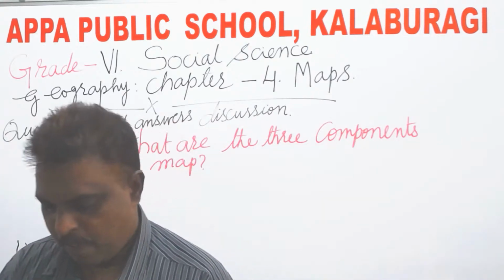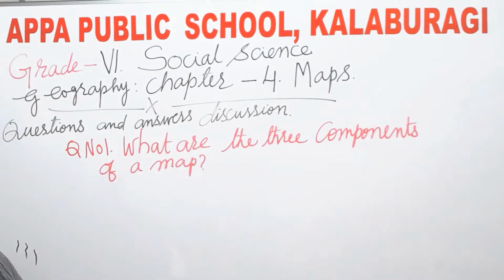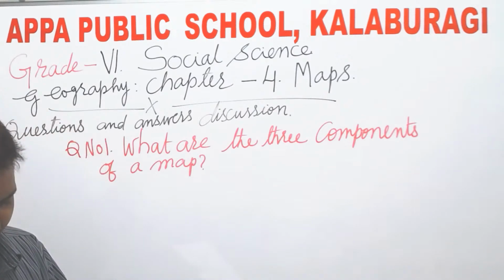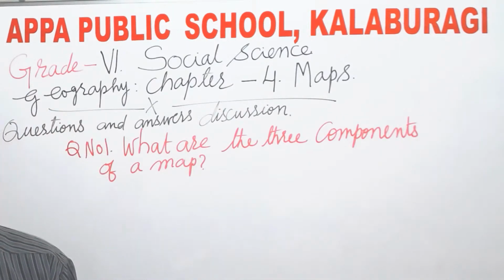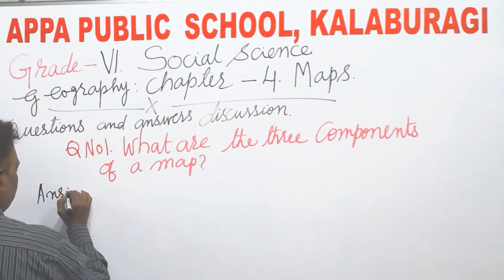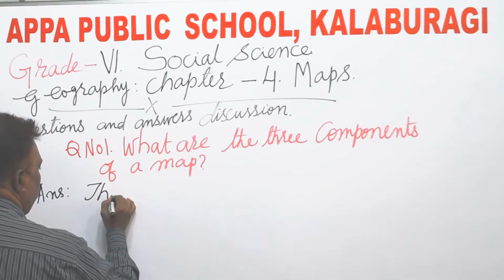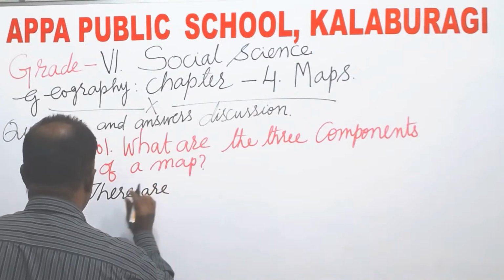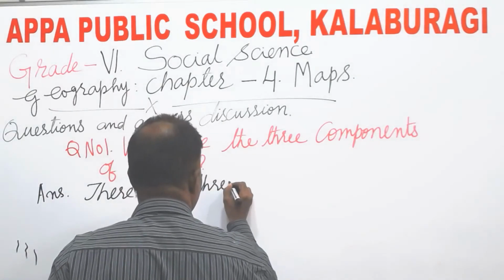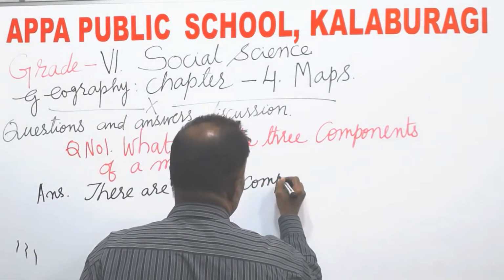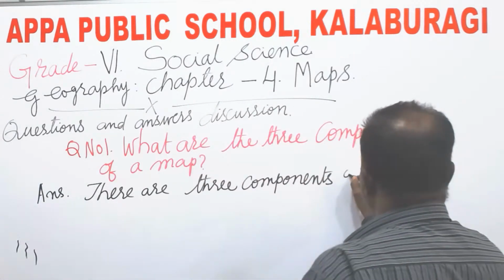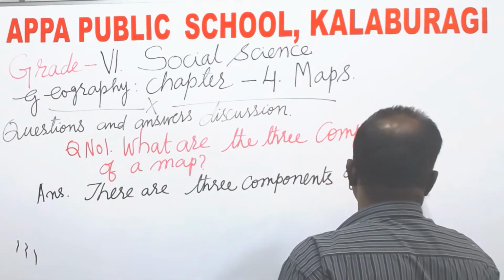The answer is, there are three components of maps.